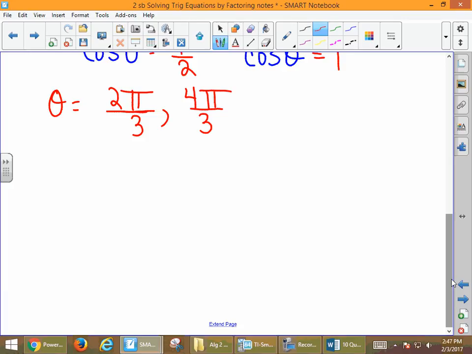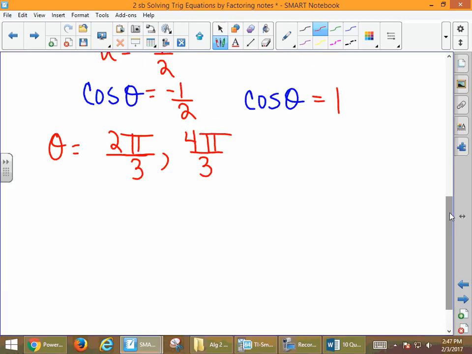And then we can visualize it in our minds, or we can even make a little unit circle here to determine what we're going to add: 2 pi over 3 in the second quadrant here, 4 pi over 3 in the third quadrant. And when we look at this, we do not form a diameter.